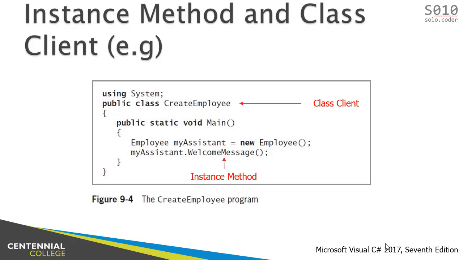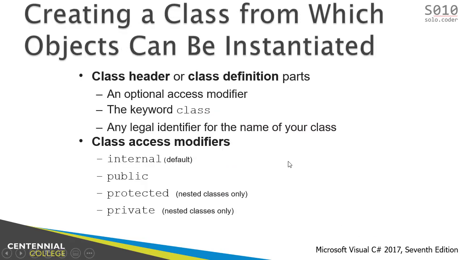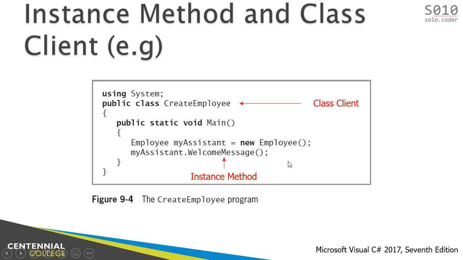Now, this is a big deal. That's where I would like to focus a little bit. Instance method. What is an instance method? Instance method means that this method can only be called from an object, not from the class. There are some special types of methods that we can call just by calling the class name. But what is an instance?